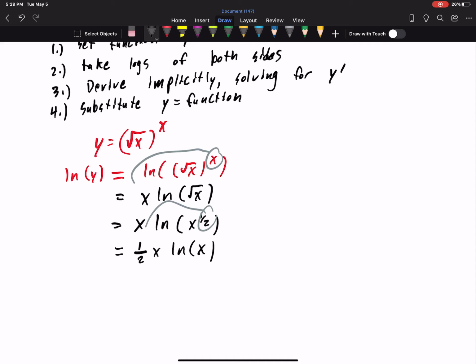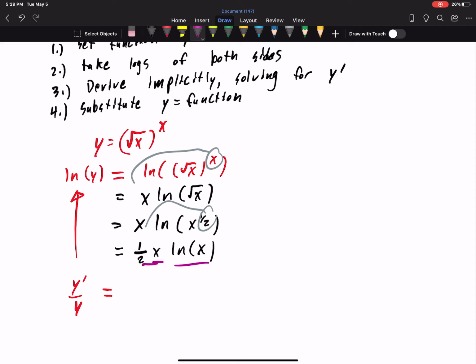All right, so now that we've used basically every log rule that we possibly can here, what we're going to do is derive both sides. So deriving the left-hand side, this is going to give us y prime over y, as it always does in these sorts of problems. And then on the right-hand side, we have to use the product rule on these two functions here.